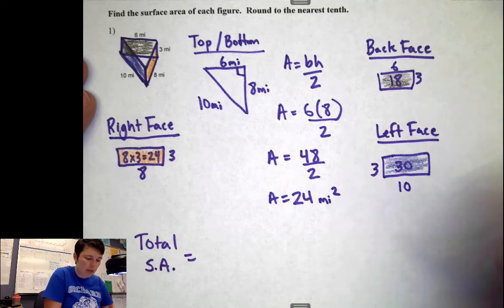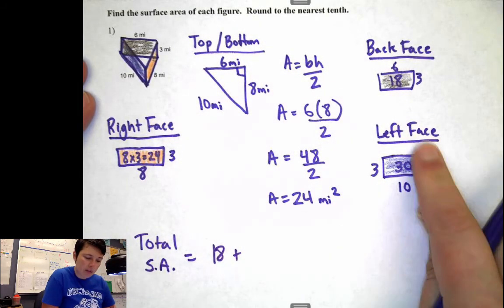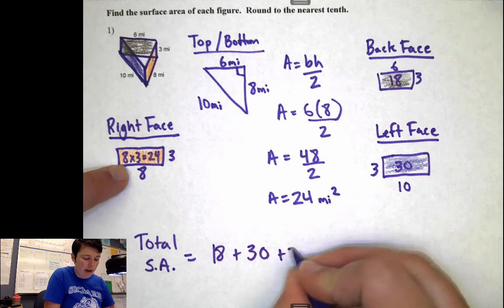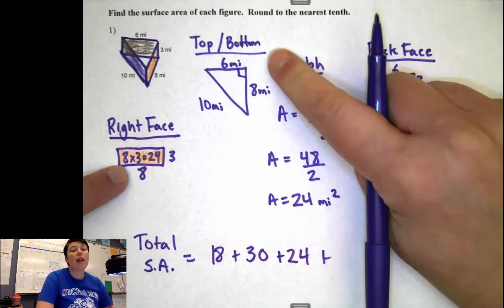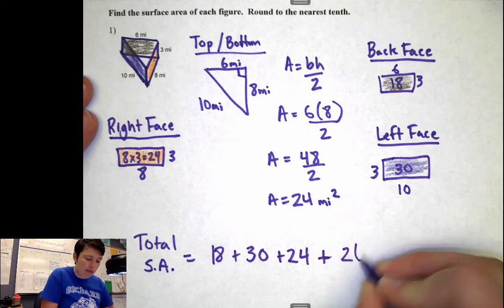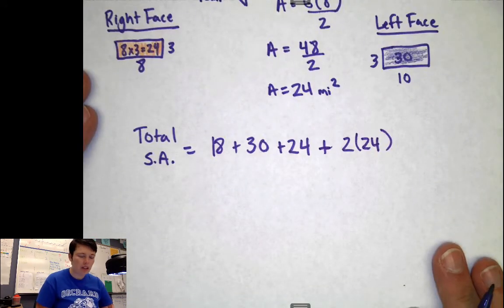So we've got the back face was 18, plus the left face was 30, plus the right face over here was 24, plus the top and the bottom were 24. So we have two of those 24s, the top and the bottom. And then that's it. We just got to add that up to get our answer.